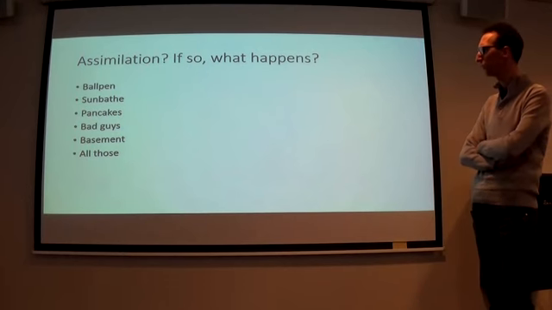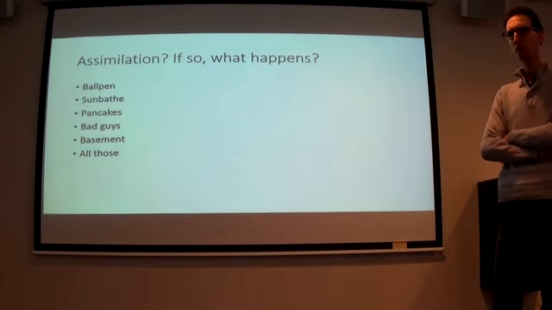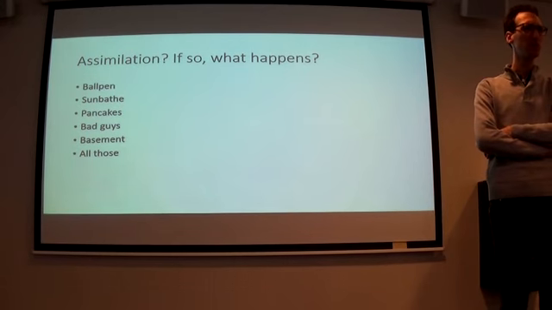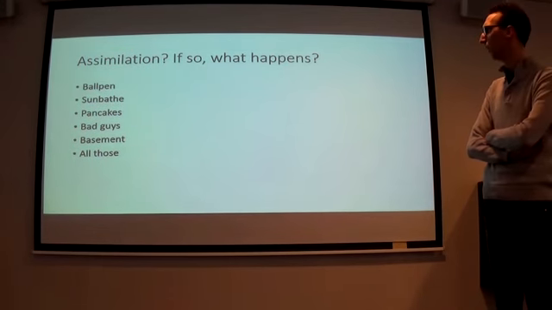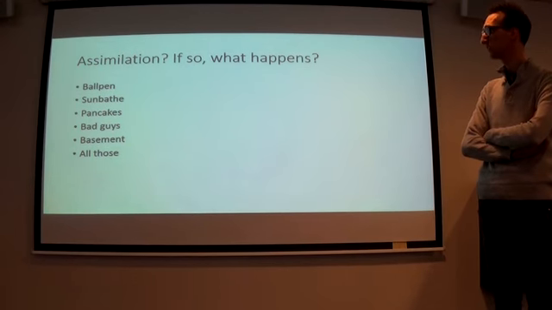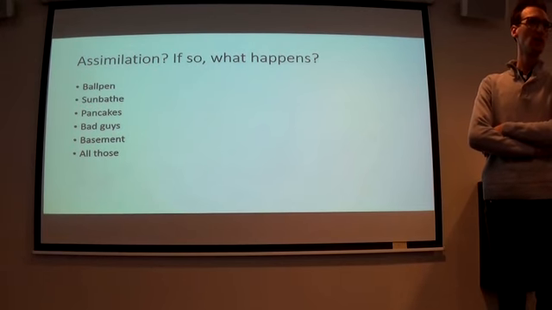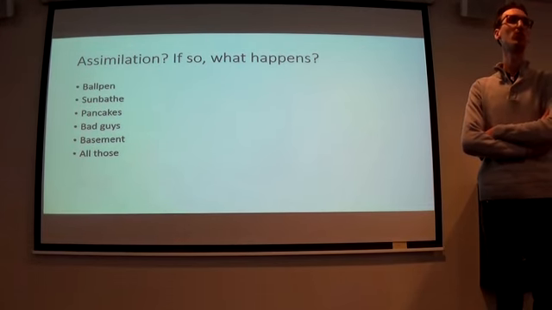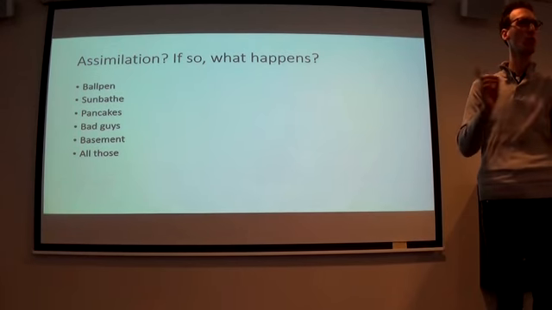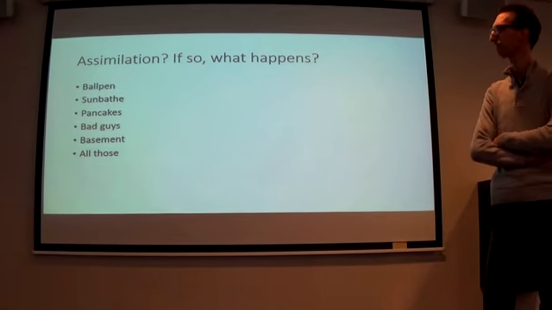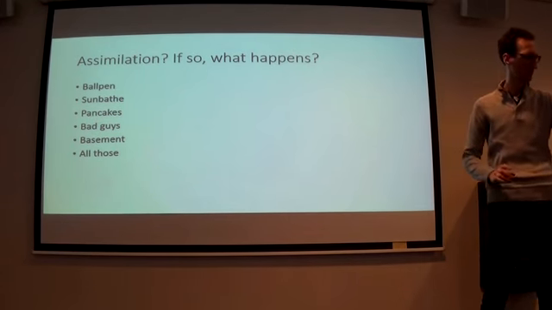I'd like you to look at those words for a few minutes, try and figure out which words have assimilation, and if so, what exactly happens, or which words do not have assimilation. You're allowed to talk about this. Okay, go ahead.